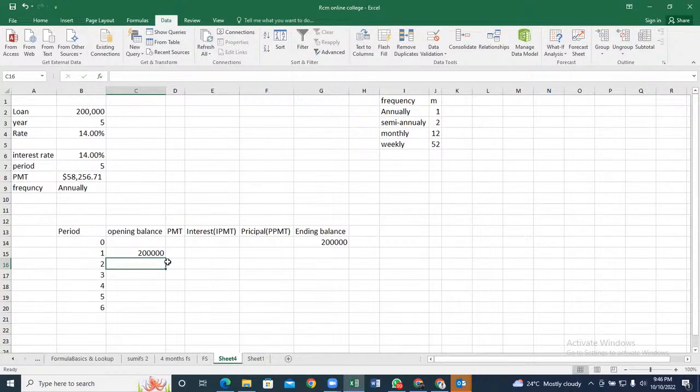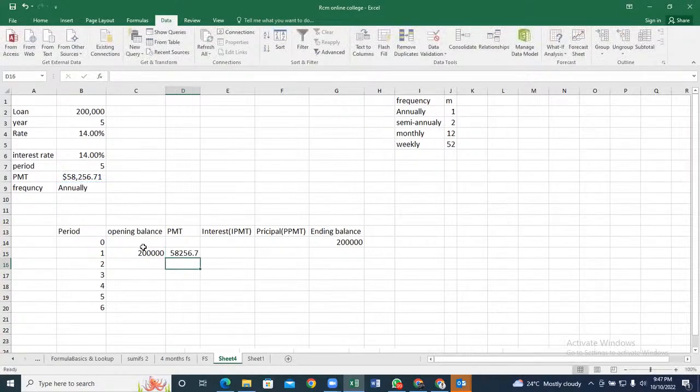I believe we are moving together. PMT, periodic payment. Do we have it here? Yes. So just say equal to this value, and we'll see it inserting that formula. And it is constant, it will not change.